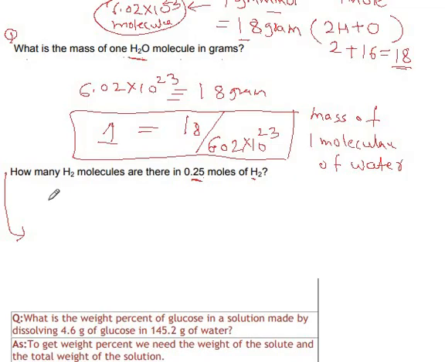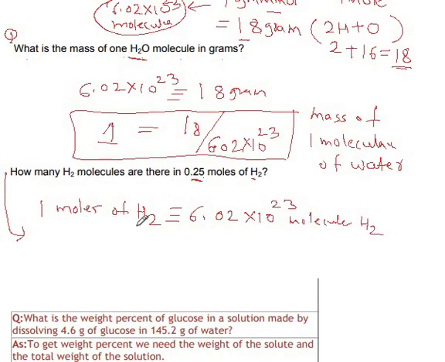See how you solve. 1 mole of hydrogen means how many molecules? 6.02 into 10 raised to 23 molecules of hydrogen. Right?